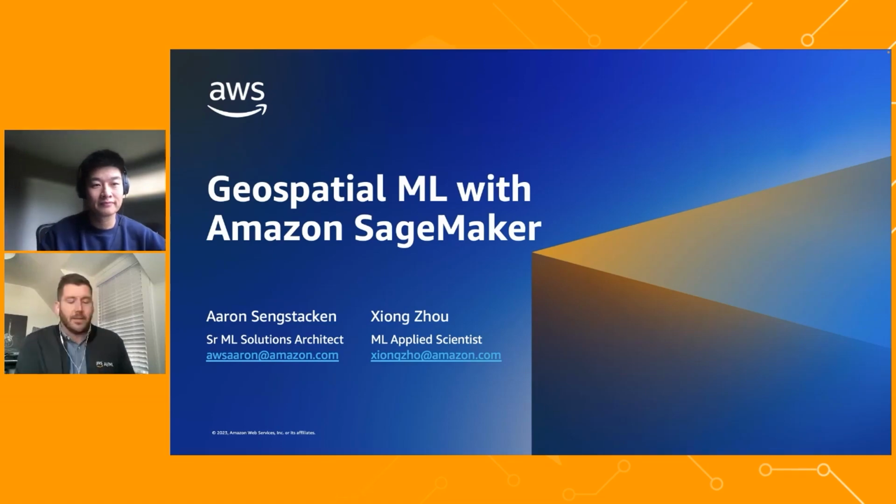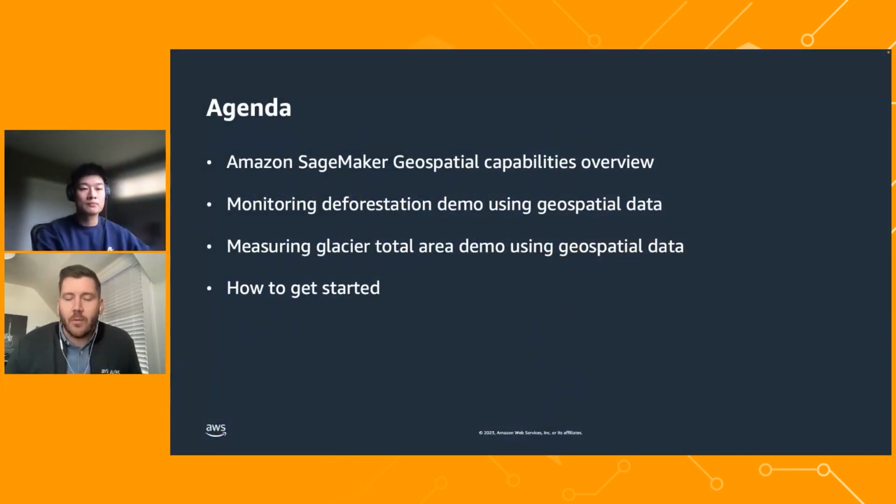Let's first talk about the agenda. For the agenda today, we're going to talk about the capabilities that we released for SageMaker Geospatial. We'll also provide some motivation on why geospatial capabilities are needed with machine learning and why they're hard today. We're going to walk through two different demos, one around deforestation and how we can monitor that using open satellite data.